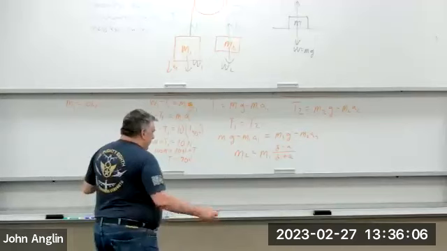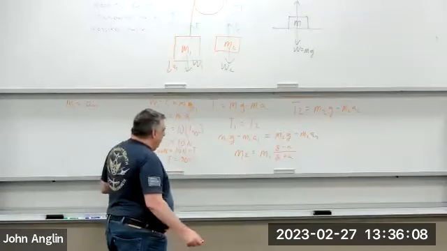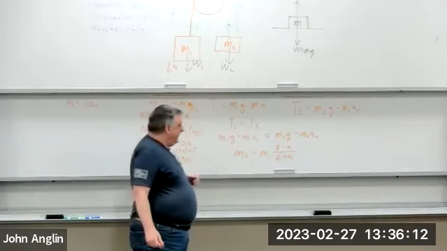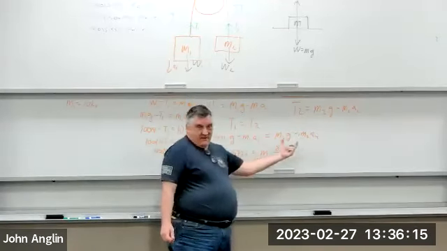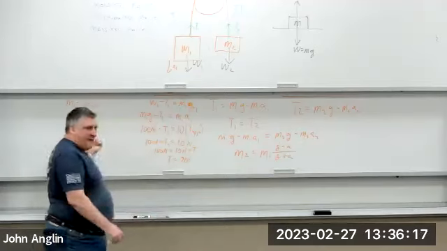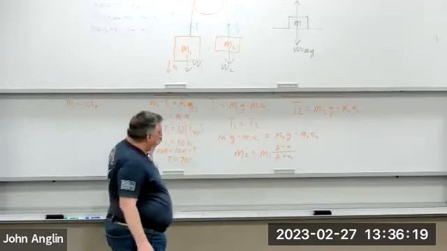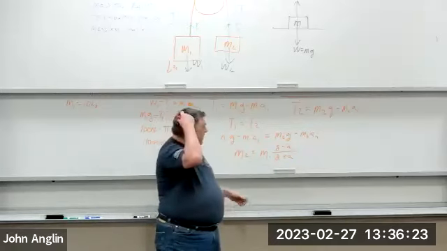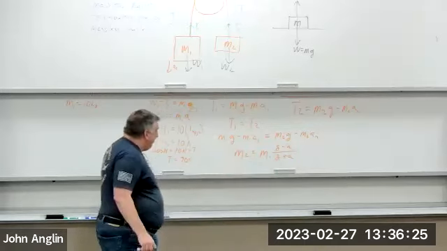Well, in my imaginary setup, I said, what if this thing weighs 20 newtons? That's my mg. I could do the same process and find its mass, and now the only thing I don't know is A2.